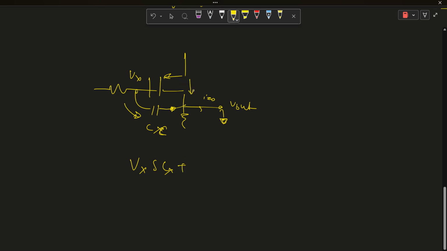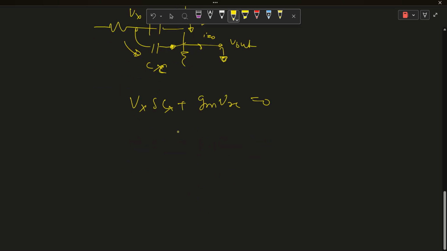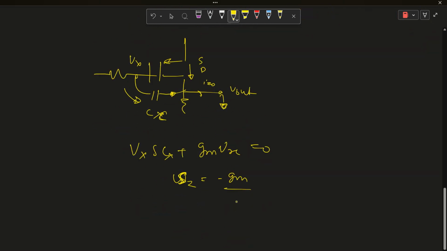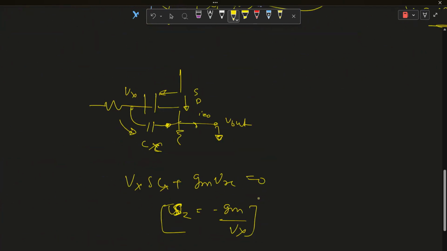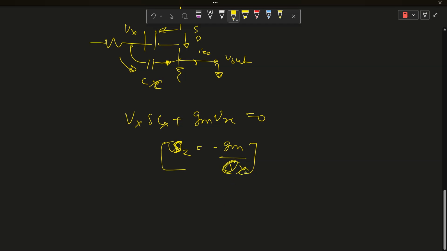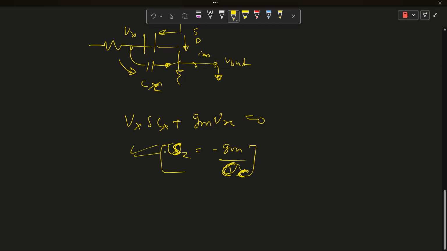Plus there is another current flowing from source to drain, which is our small signal current gm Vx, and the summation of these two currents is equal to zero. If we solve, we get the zero location omega z as minus gm upon Cc. This is our final solution.